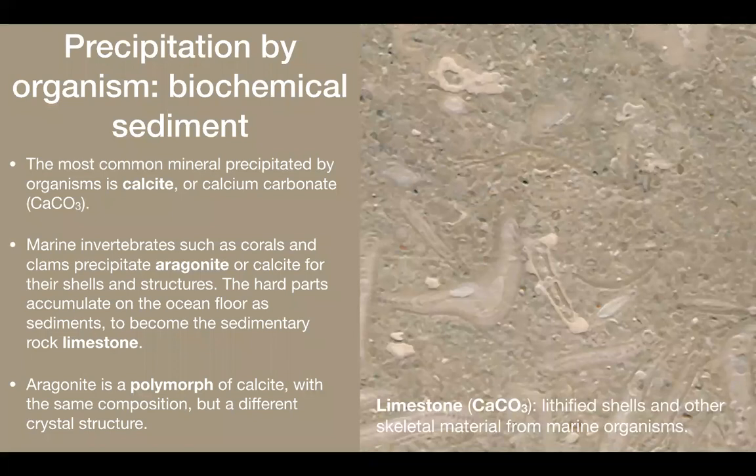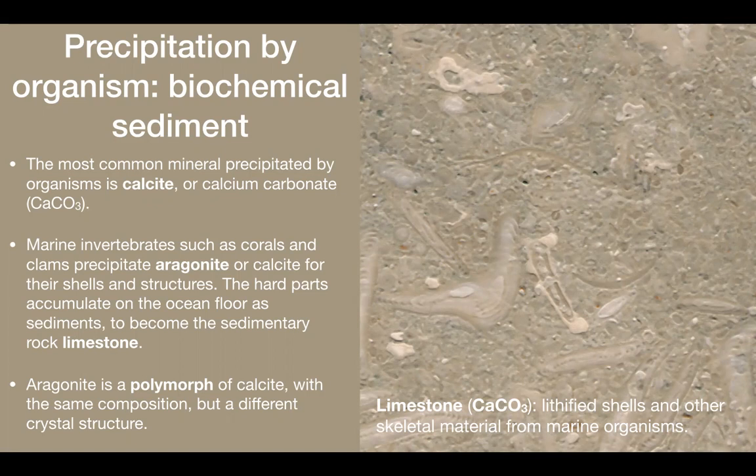Many organisms build bones, shells, and body coverings by extracting ions from the water and precipitating minerals biologically. The most common mineral precipitated by organisms is calcite or calcium carbonate, CaCO3. Calcite is often precipitated by organisms as a polymorph called aragonite.